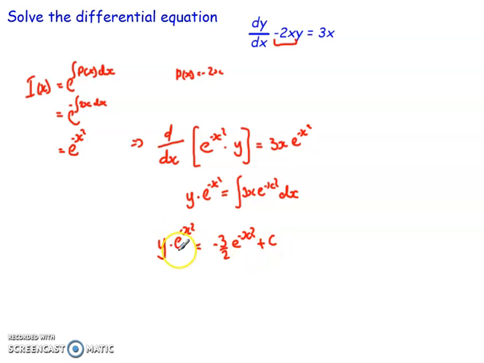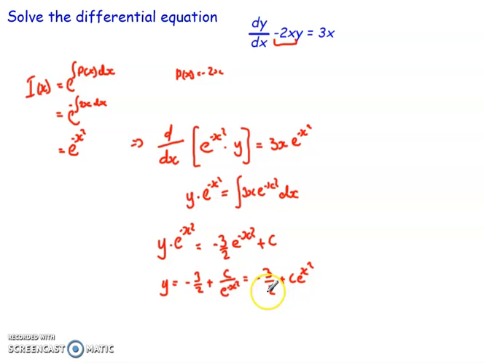We then divide through by the e to the negative x squared, so I end up with y equals negative 3 over 2 plus c over e to the negative x squared, which can be rewritten as negative 3 over 2 plus c e to the x squared. So there you go, I've got my solution to that one there.